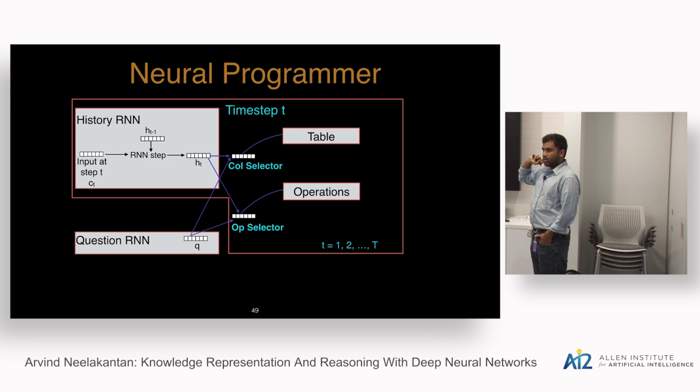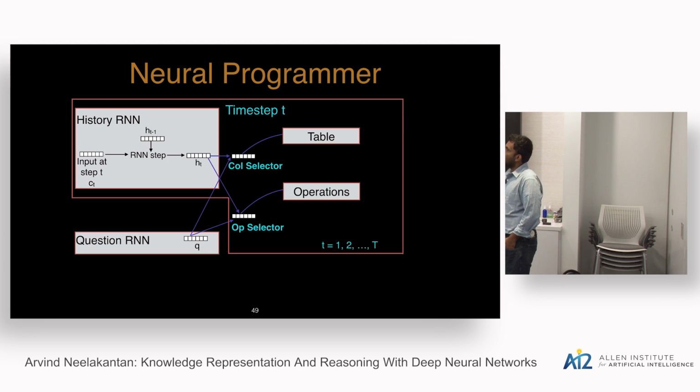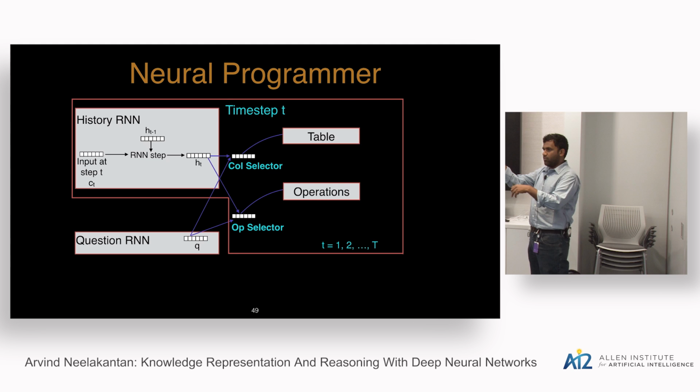Audience: Do all the tables in the training set have the same set of columns? No, because the column names are, again, words, and you can run the same RNN on the column name to get vectors for the column names. Audience: So the softmax is over the current table that we're working with? Yeah. For each question, you're given a table on which you have to perform reasoning.